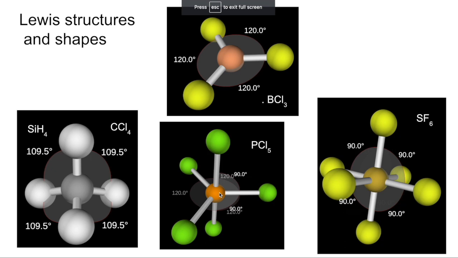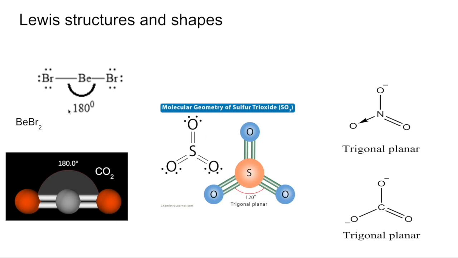Okay, so the answers are: SiH4 and CCl4 are both tetrahedral structures because they've got 4 electron domains, 109.5. BCl3 is trigonal planar, PCl5 is trigonal bipyramidal, and SF6 is octahedral. Looking at Lewis structures again, BeBr2 is 180.